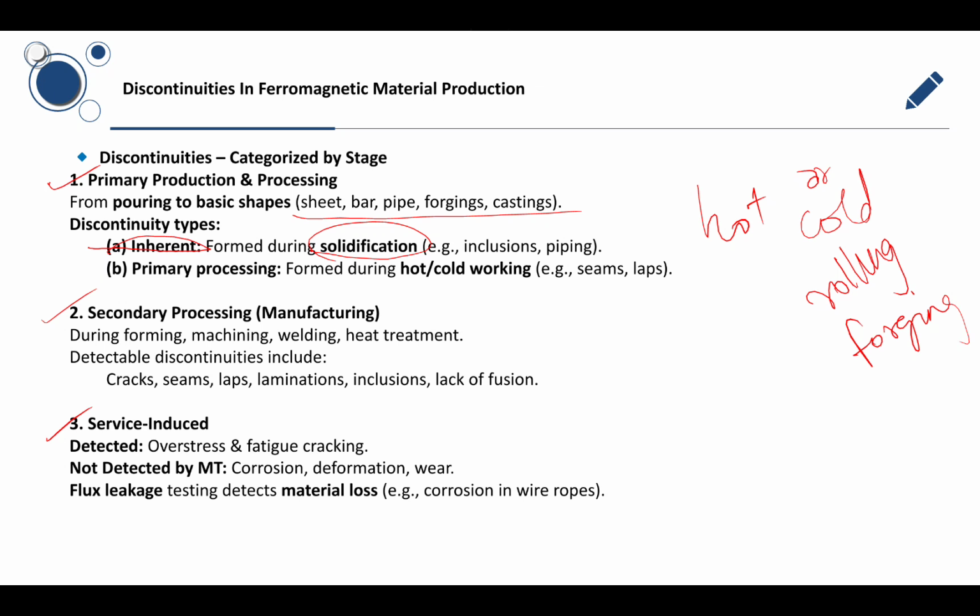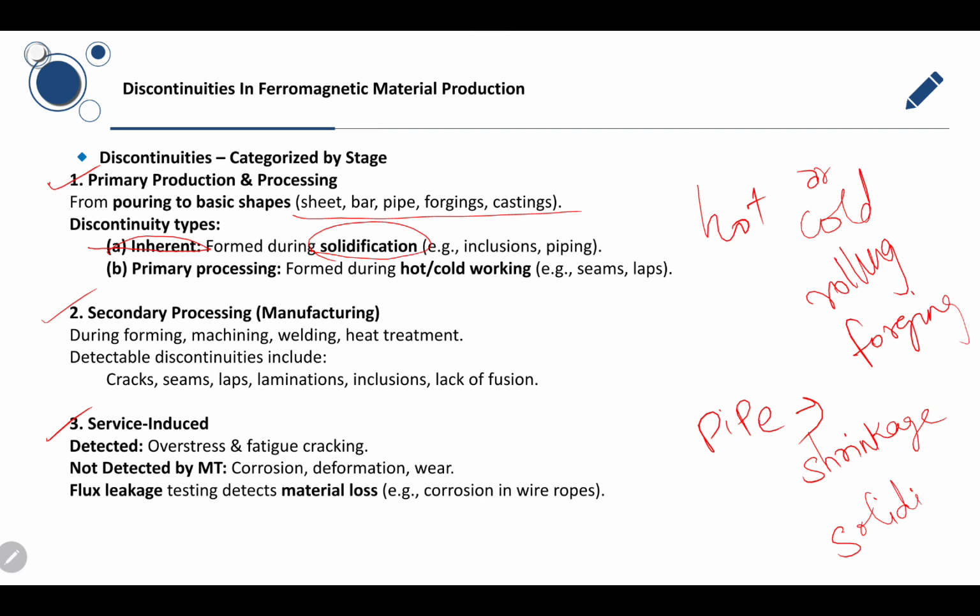First, the pipe. This is a central cavity formed due to shrinkage during solidification.